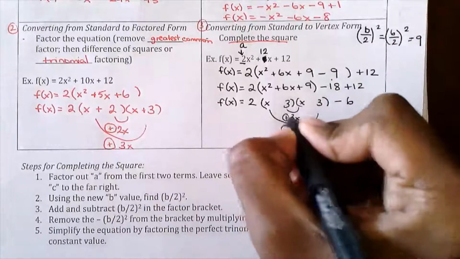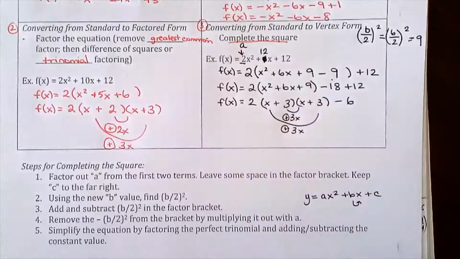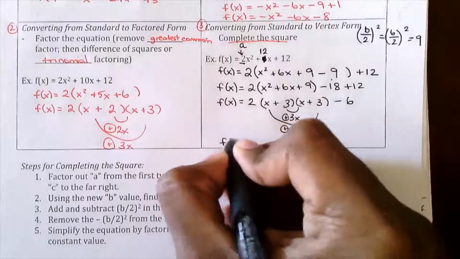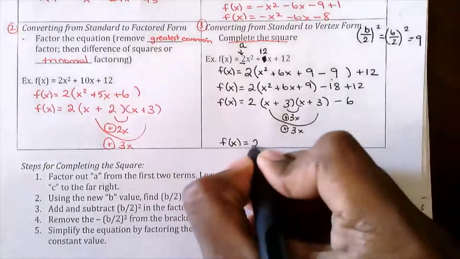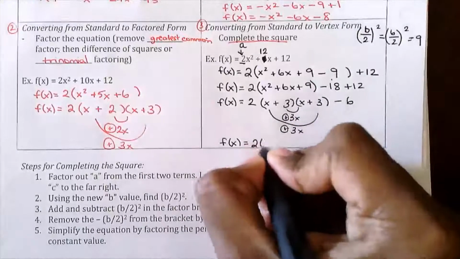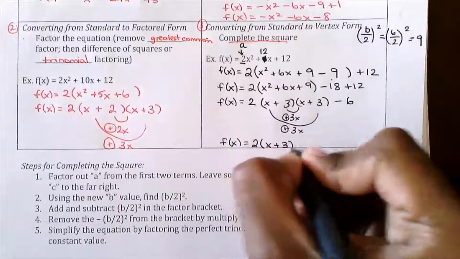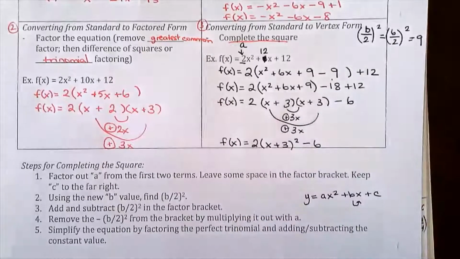So I'm going to put a plus and a plus. Eventually, the final answer that I get is I have this 2. I have x plus 3 times x plus 3. So the proper way of writing that is x plus 3 squared, and the minus 6 will stay on the side.